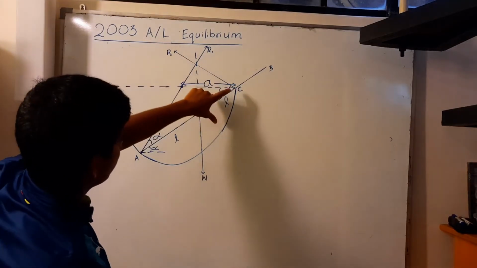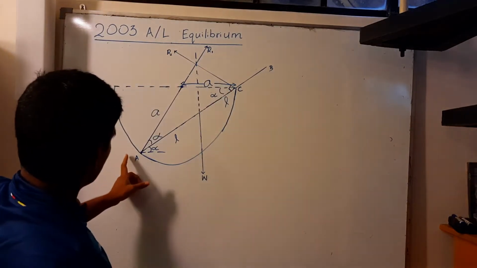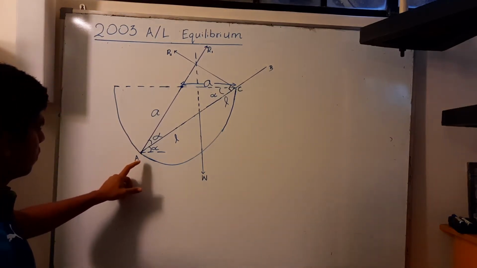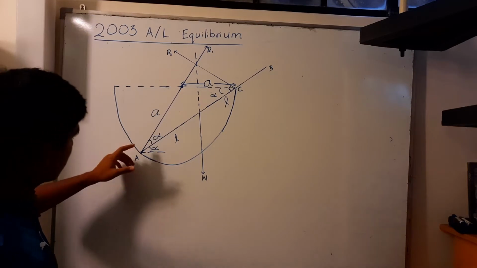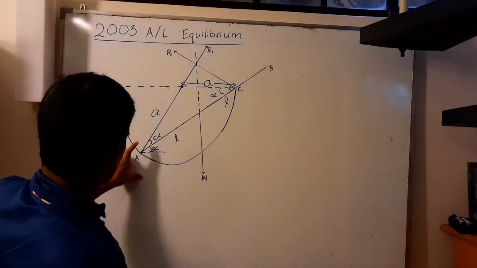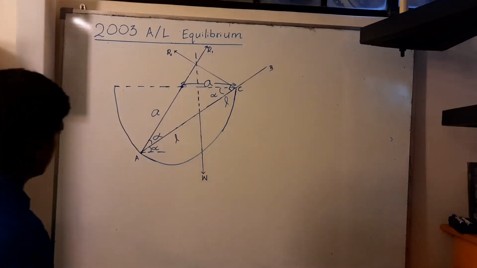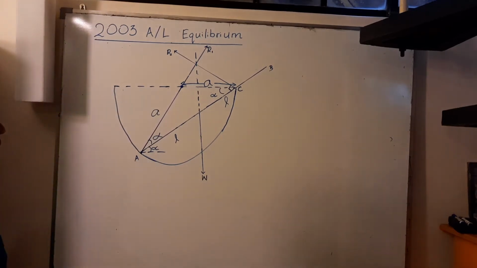It goes like this from the rim, and the reaction at A will go through the center of the hemisphere, since both the rod and the hemisphere are smooth. That's what you need to know.